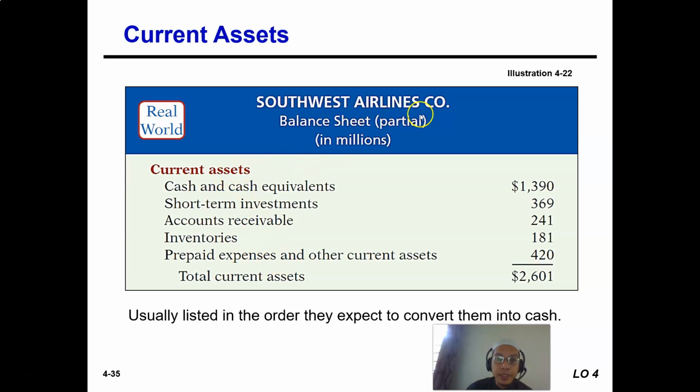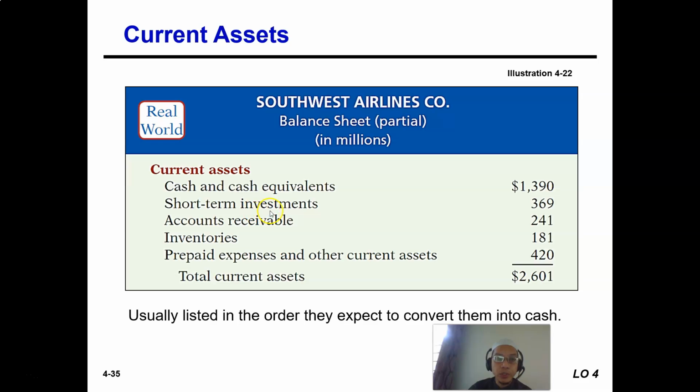Looking at the Southwest Airlines Company balance sheet on the current asset side, we have assets, and under assets we have current assets. So these assets are things that the company expects to turn into cash within one operating cycle or within one accounting period, or whichever is longer.